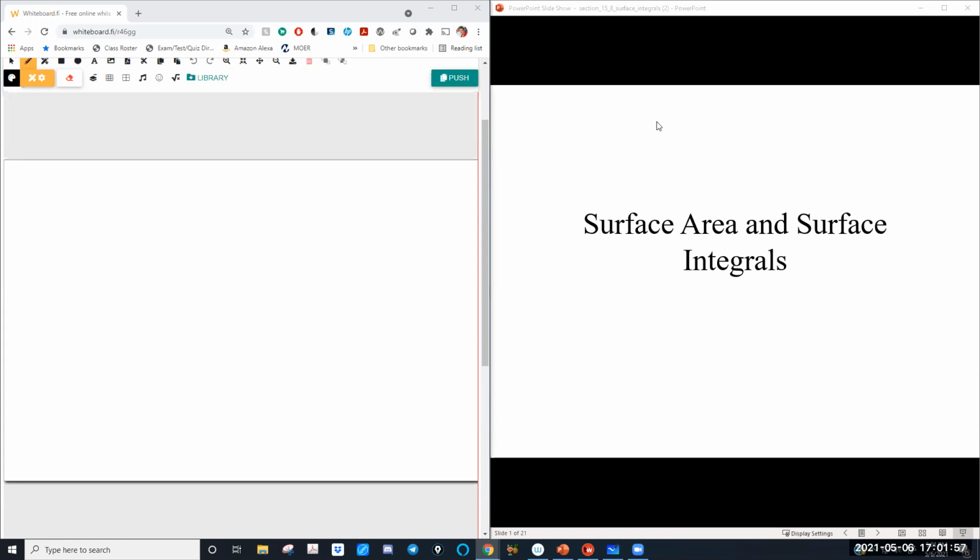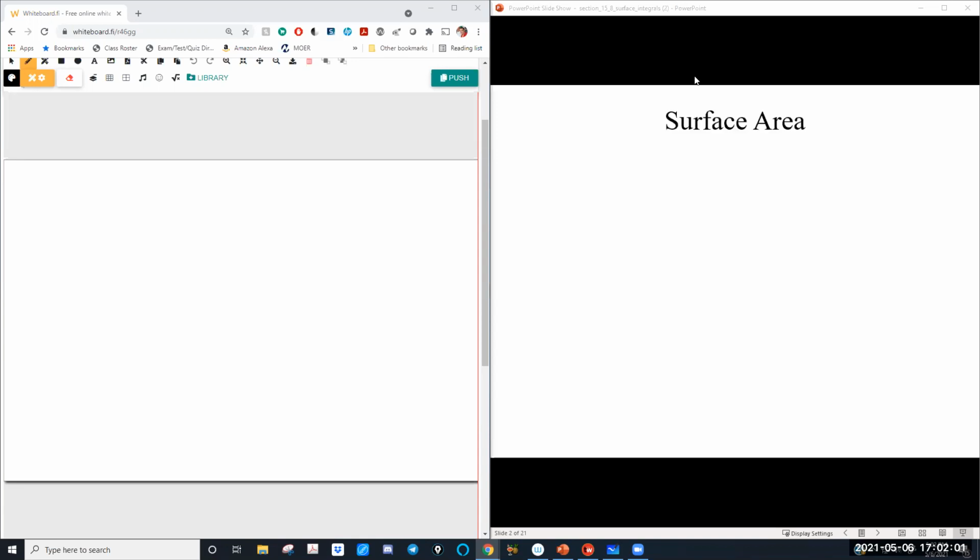All right, so let's dive into this one. We're going to talk about surface area first. We talked a little bit about surface area last time, and we did an example. So I'm going to pick up with surface area and do a similar example. The idea is basic. If we have a surface in 3 space, we want to calculate its surface area.